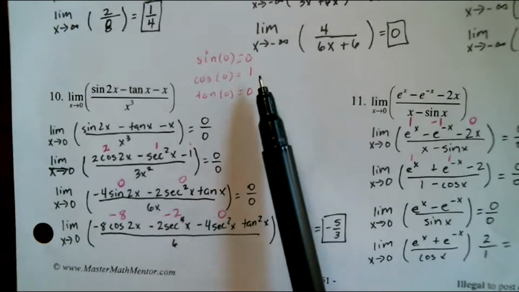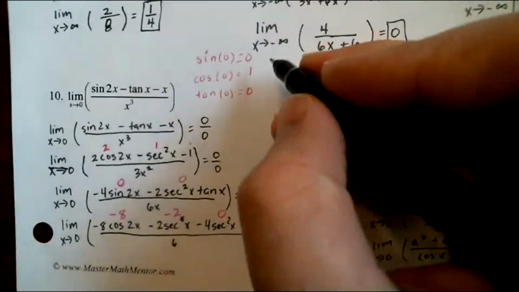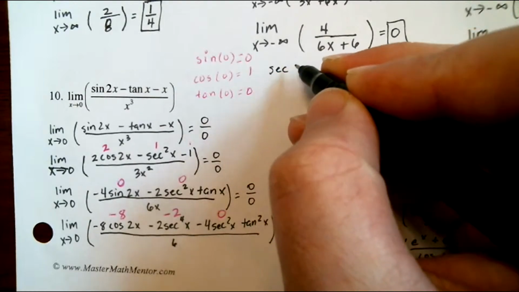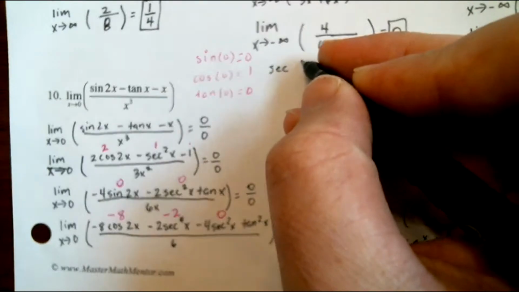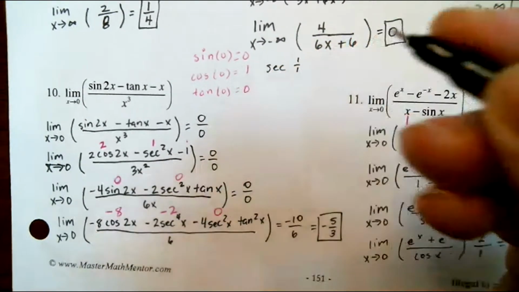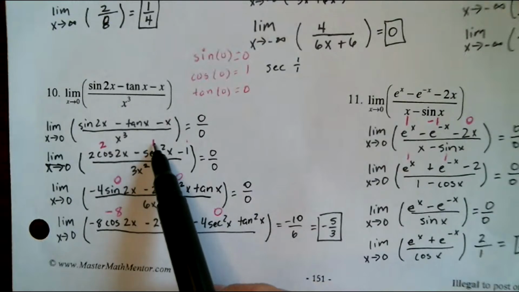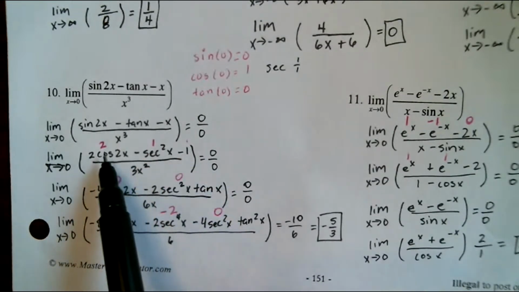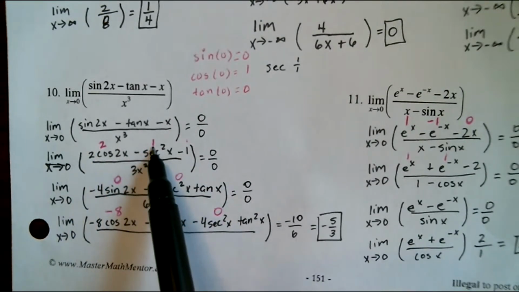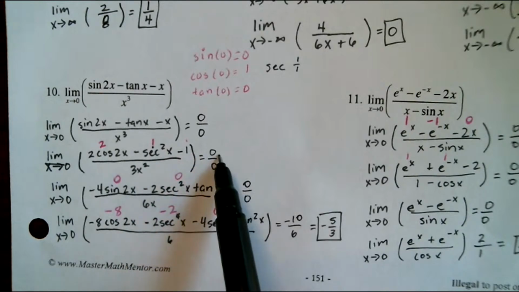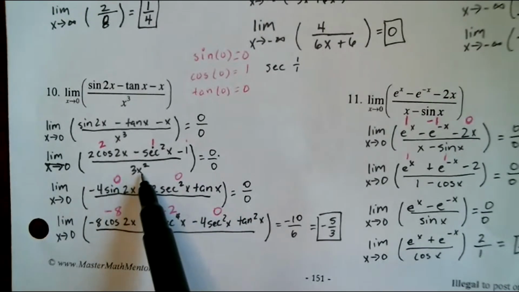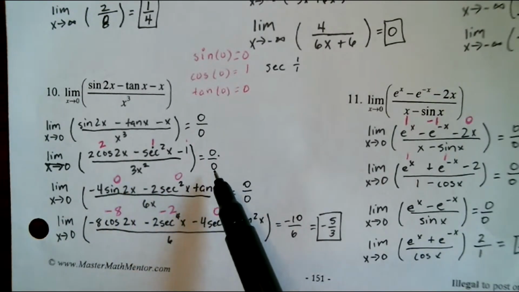And if you think, what is secant? Secant is the reciprocal of cosine, so that's 1 over 1 basically. So secant squared is 1, and then minus 1. So 2 minus 1 is 1. 1 minus 1 is 0. And then obviously 3, if you plug a 0 in there, you're going to get 0 there.